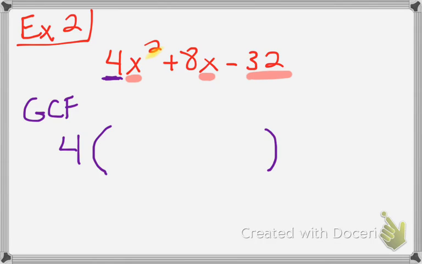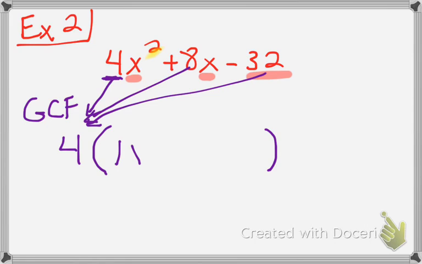Now there's a step in this that we missed the other day that maybe I should have done a better job of explaining. 4 divided by 4 is 1. I'm just dividing each one of these coefficients by that factor here. So 4 divided by 4 is 1, x squared. 8 divided by 4 is 2x. Minus 32 divided by 4 is 8.